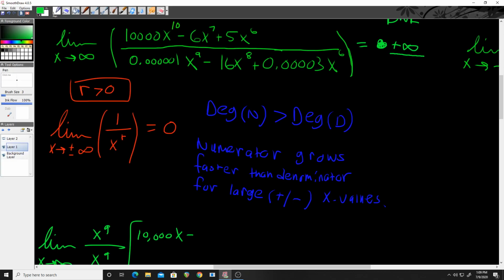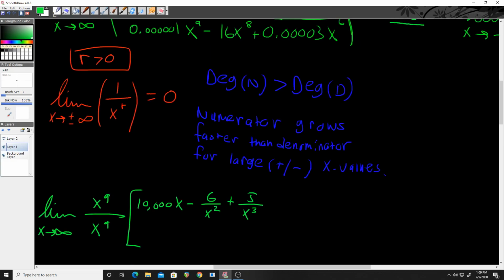Minus, and then 7 minus 9 is negative 2, so it's 6 over x to the power 2. Plus, and then 6 minus 9, negative 3, so we're talking about 5 over x to the positive 3.